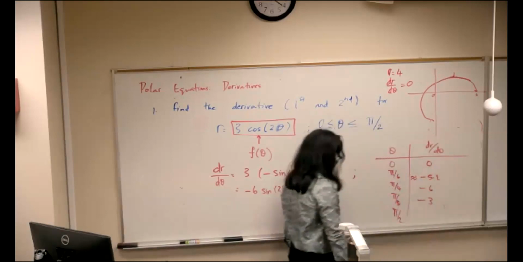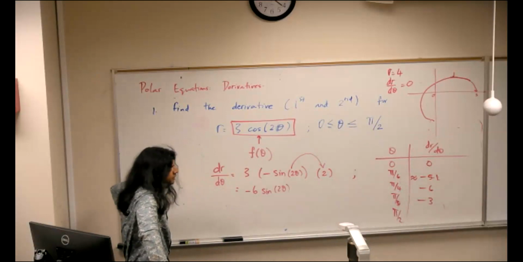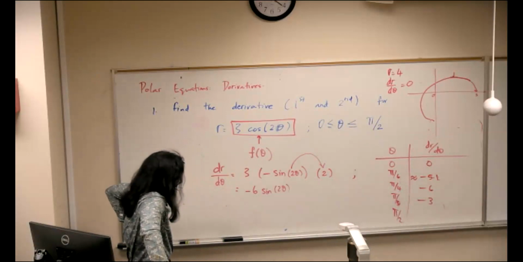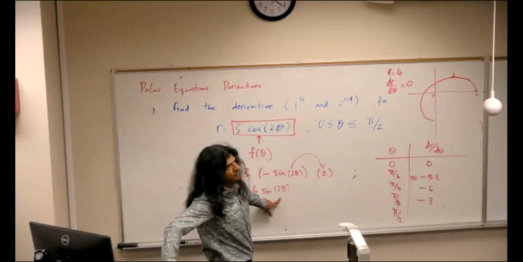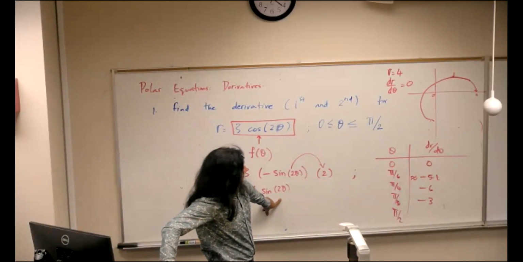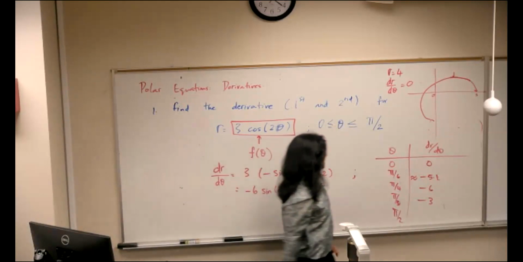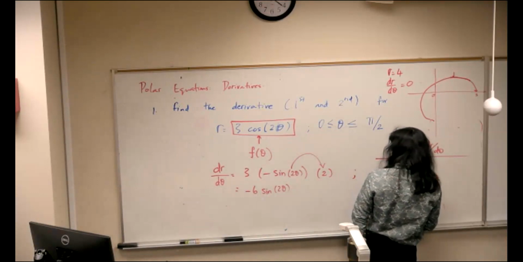Approximately, it's fine. This is pi over 3, sine 2 pi over 3. I got the same thing as what we got for pi over 6.